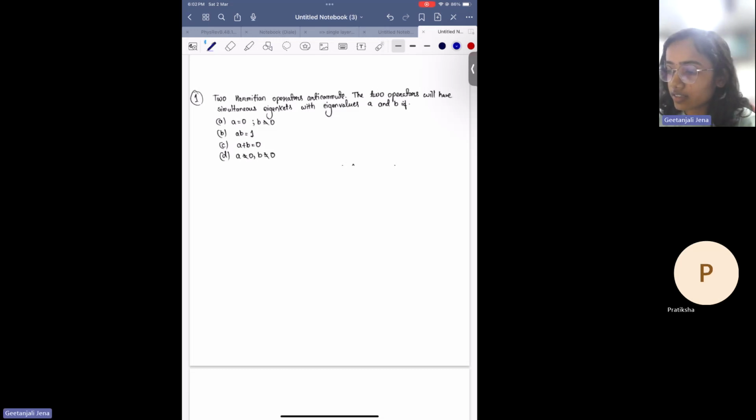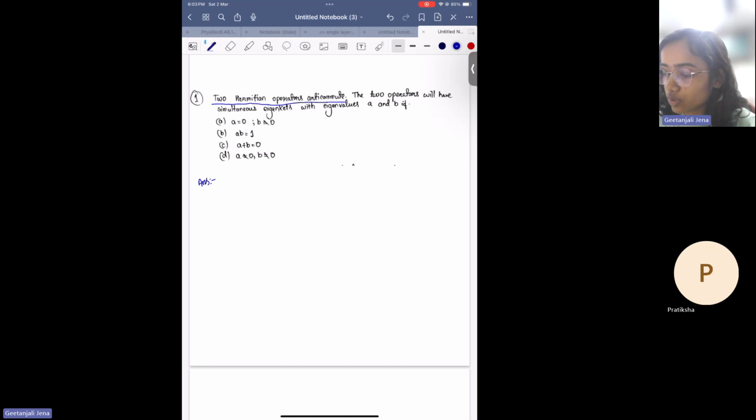So let's see what condition is given to us. It is given that two Hermitian operators anti-commute. Similar to the commutation relation, there is also an anti-commutation relation of two operators.